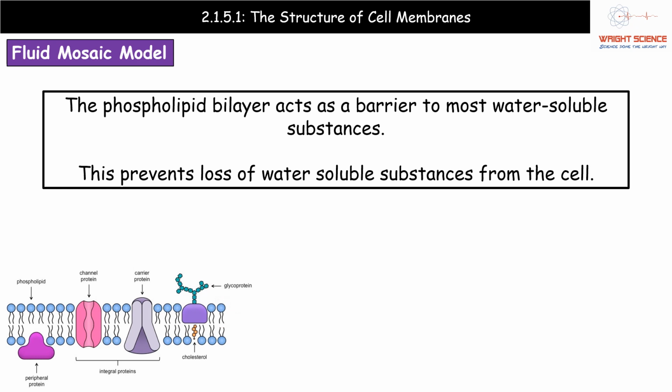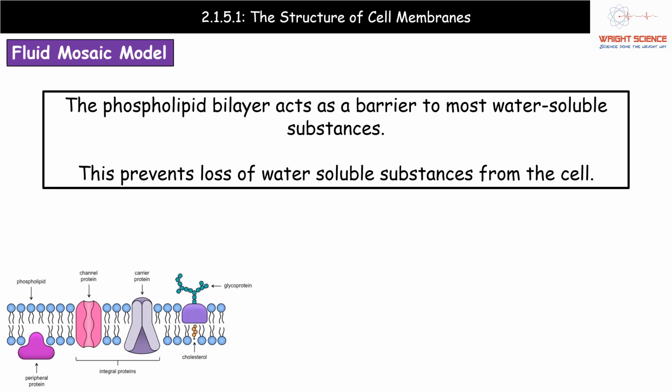Now, because this is a phospholipid bilayer, this is going to be a barrier to most water-soluble substances. And this is going to be important for our living organisms because we don't really want to lose large quantities of water-soluble substances from inside that cell. Remember, it's quite an aqueous environment inside cells.